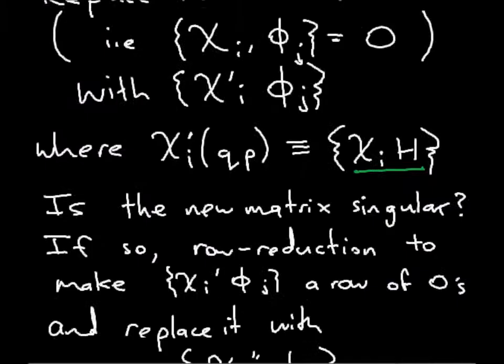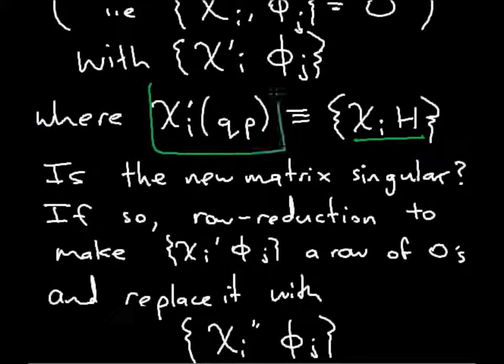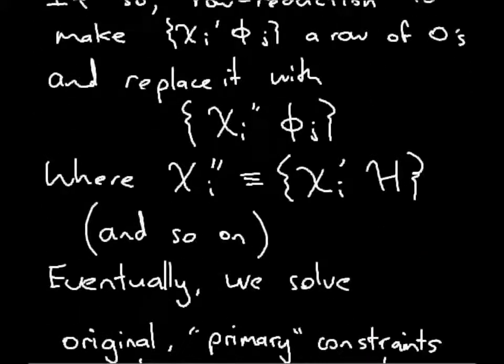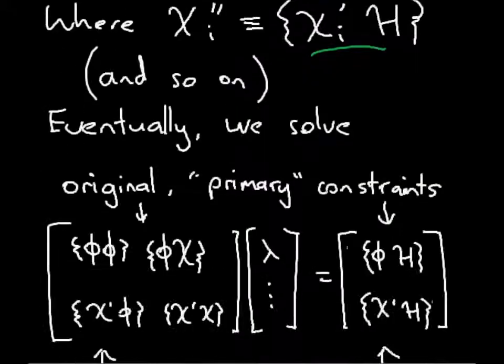And in some sense, this function chi dash is a new constraint, a secondary constraint. And if we want to stay on the manifold where chi dash still holds, then we have a new condition which says that the Poisson bracket between chi dash and the Hamiltonian vanishes. We replace our row of zeros with the Poisson brackets between chi and the original primary constraints.